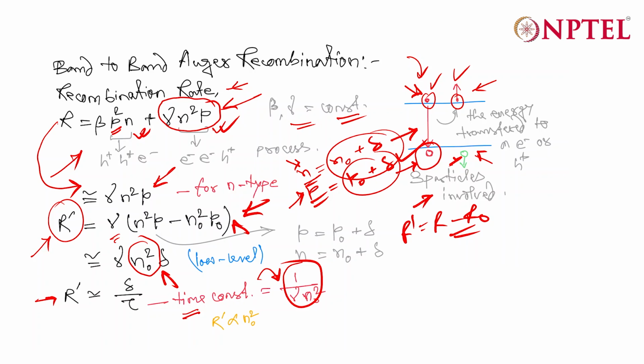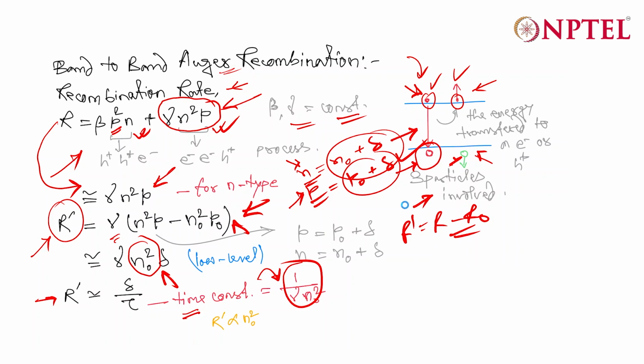So in case of Auger recombination, the excess recombination rate is proportional to N0 square. In case of direct band-to-band recombination, your excess recombination rate was proportional to N0. Okay, so this is the expression for Auger recombination.